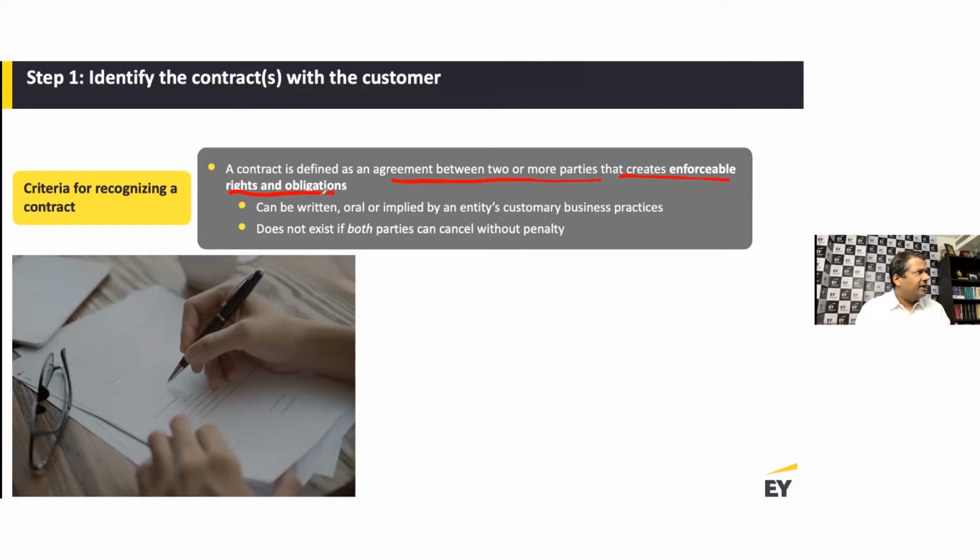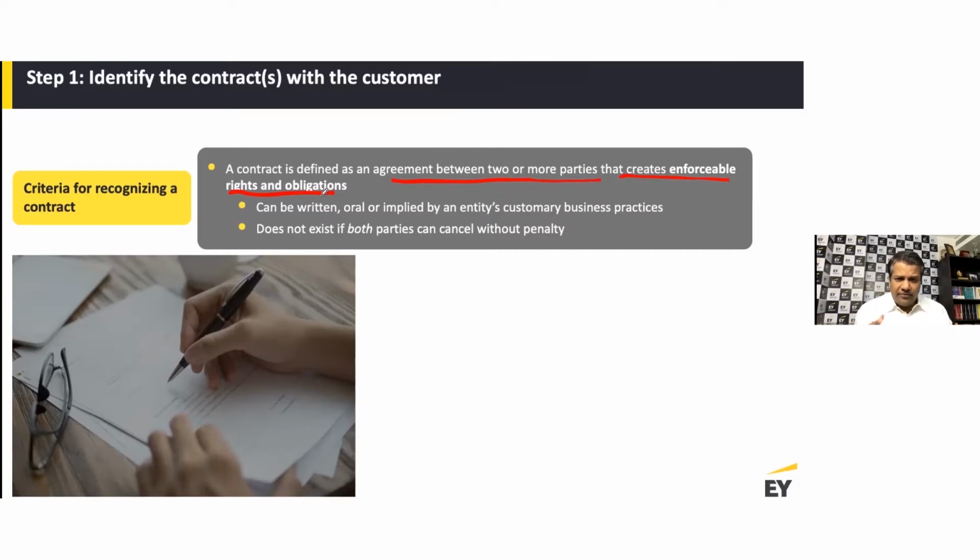This can be written or oral. I'm just going to pause here. A contract is defined as an agreement between two or more parties that creates enforceable rights and obligations. What enforceable rights and obligations means is that it has to be enforceable in a court of law in the country in which this contract has been written.